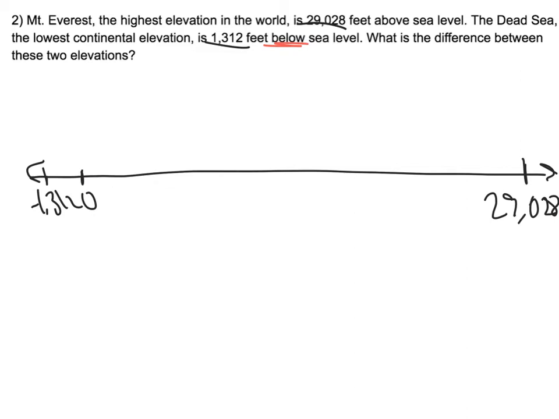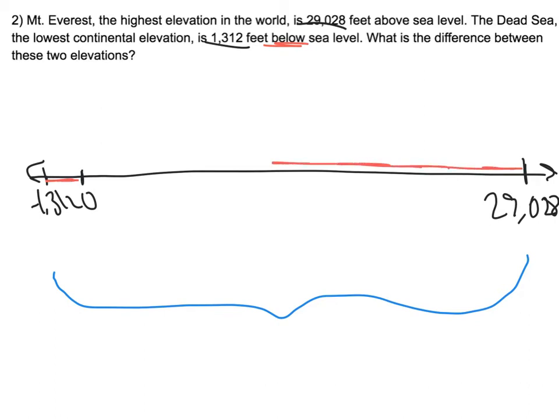So we're looking for the difference between both of these elevations. That means we're going to try to find this entire distance here, all the way from negative 1,312 to positive 29,028, which means we have to incorporate this distance here as well as this distance over here.